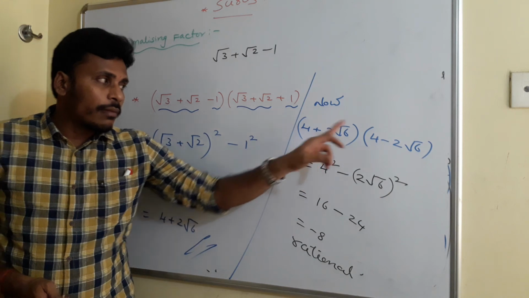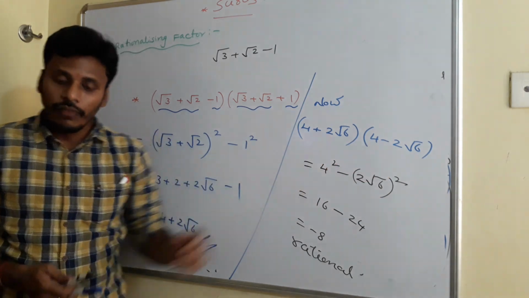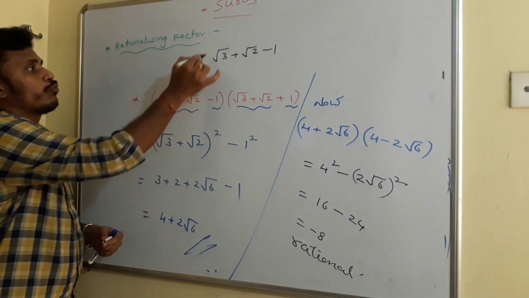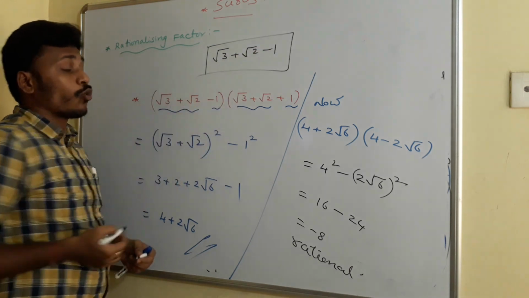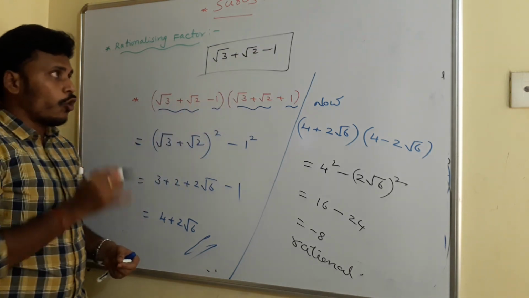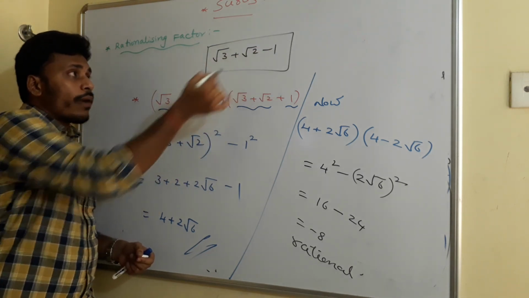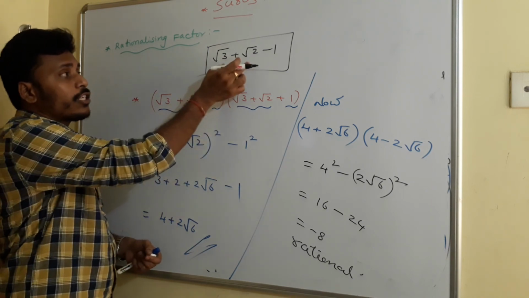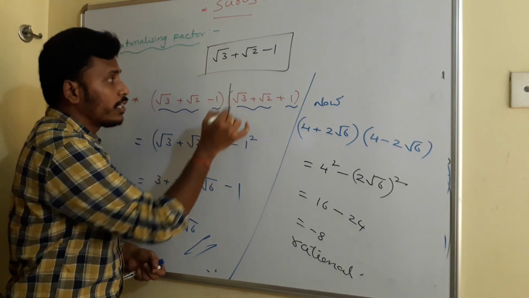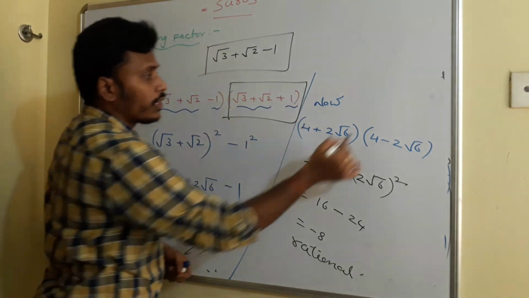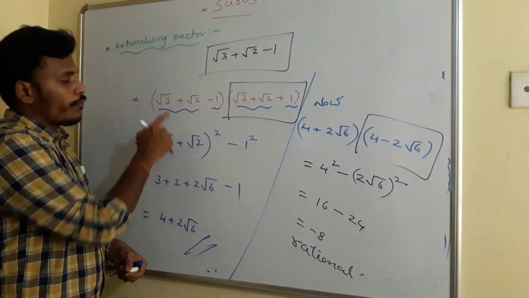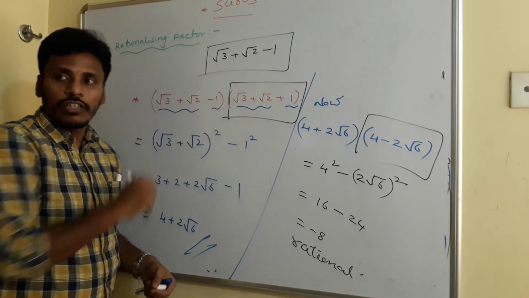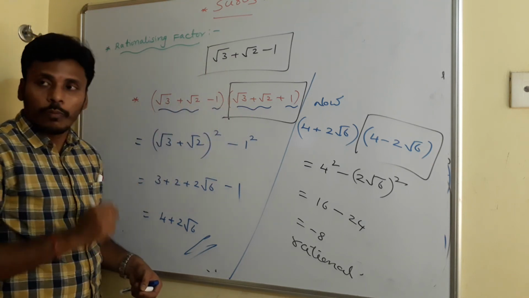Since it is a rational number, the rationalizing factor for this number is that one, but we need the rationalizing factor for root 3 plus root 2 minus 1. So root 3 plus root 2 minus 1 will become a rational number if you multiply it with root 3 plus root 2 plus 1 and also with 4 minus 2 root 6. If you multiply the given number with root 3 plus root 2 plus 1, it becomes 4 plus 2 root 6.